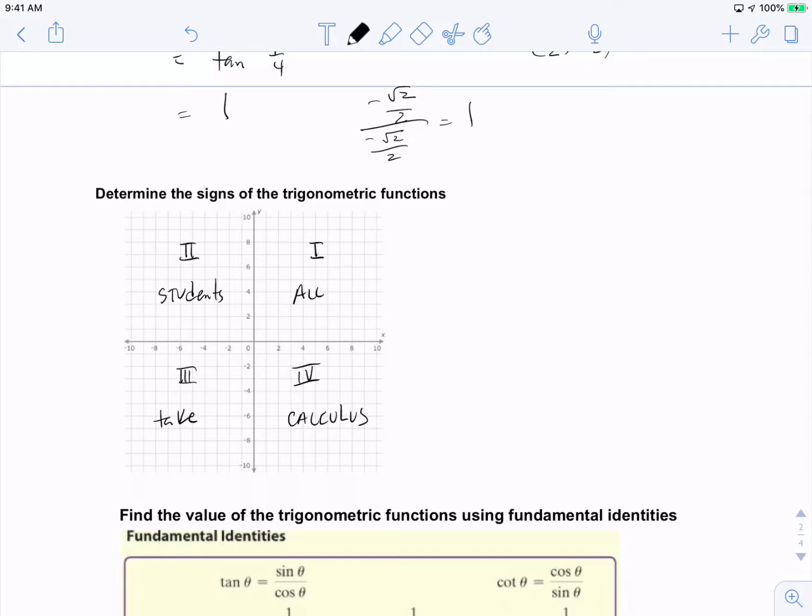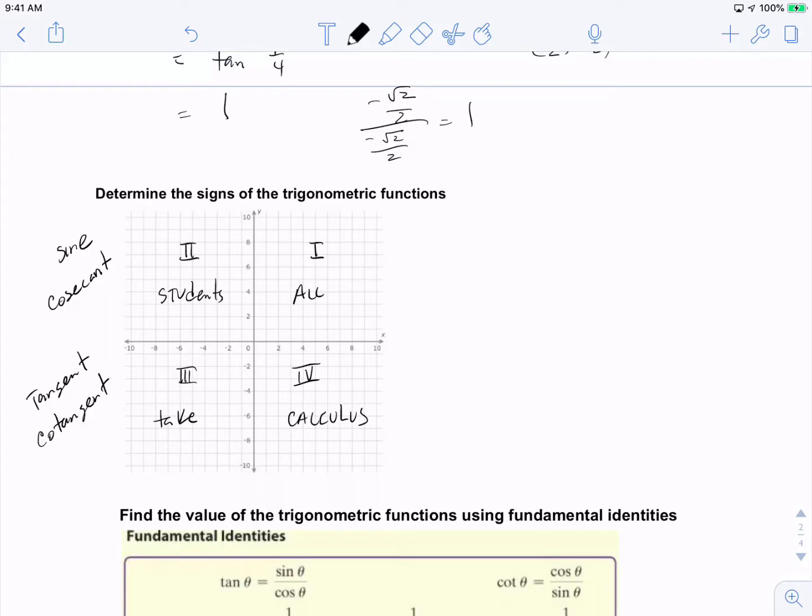In quadrant 2, students, it's going to be sine that's positive, and so sine's reciprocal is also going to be positive. So then that means that cosecant is positive. In quadrant 3, the take, the T is for tangent, and so its reciprocal is also going to be there.